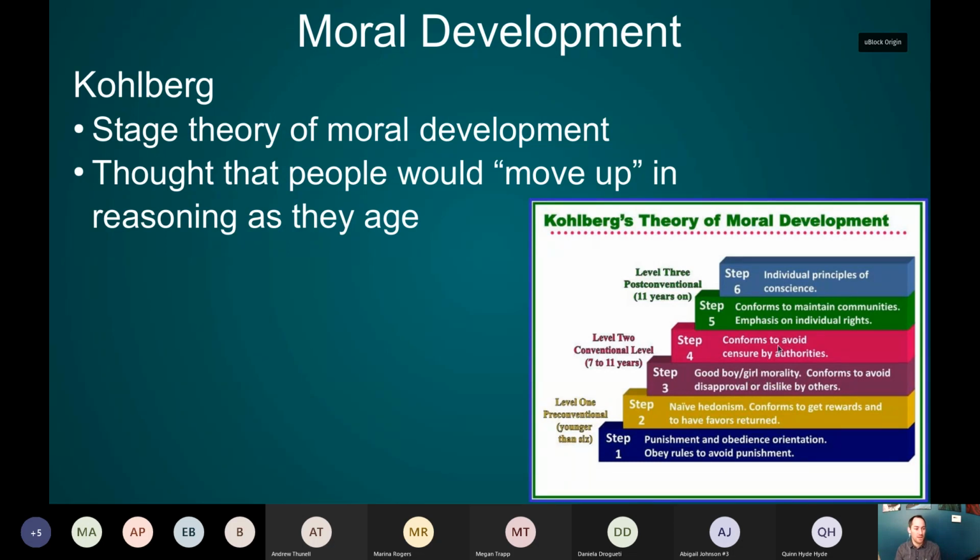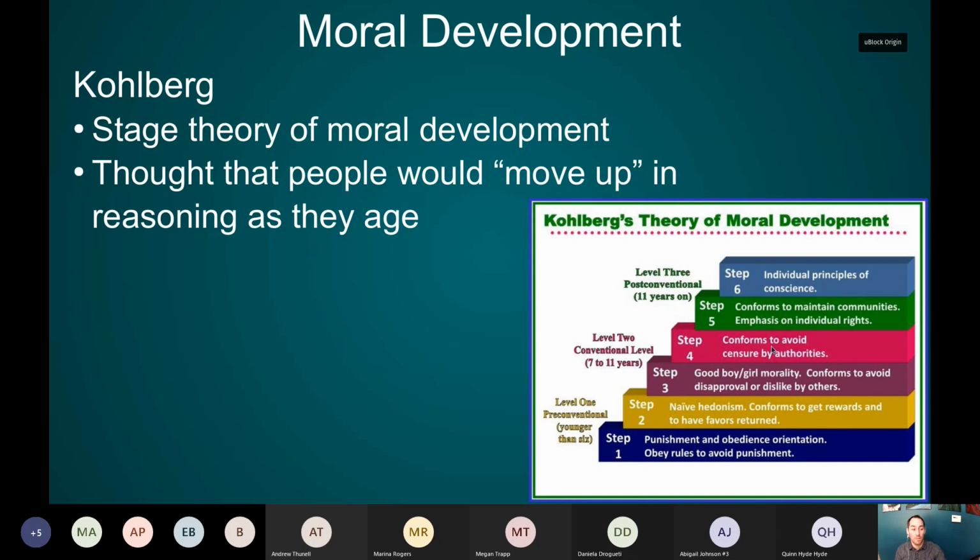Basically, after stage 3, the rest of these, steps 4, 5, and 6, are used by a lot of different people. You can use individual principles of your own conscience to determine the morality of any situation, to reason about a situation. But then in another situation, you're presented with a different situation, you might use this.